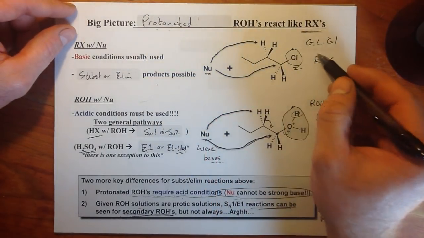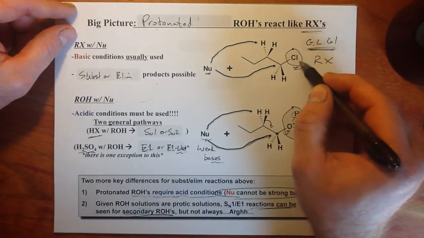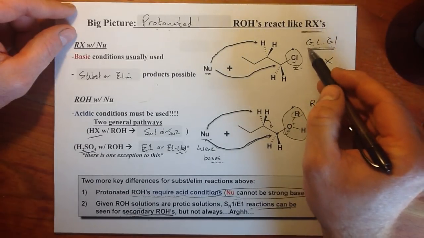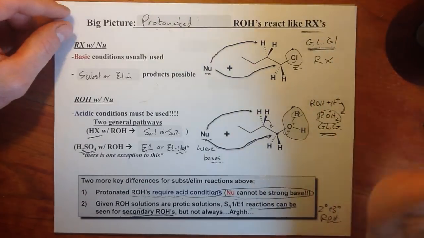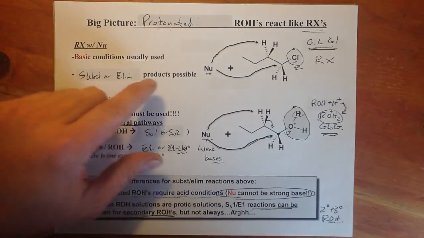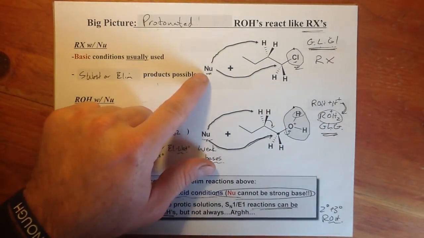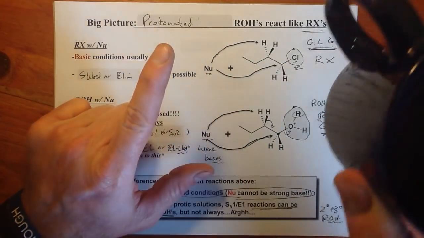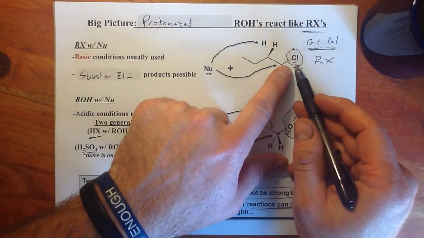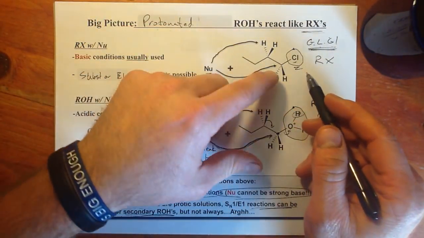So just reviewing a bit here what you've seen with strong nucleophiles reacting with alkyl halides. All of that was hinging upon the fact that chlorine had to be a good leaving group. So I've written that in as an acronym here, GLG: it had to be a good leaving group for this alkyl halide to have any of this reactivity with the nucleophile. Well, what we're going to do is have something much like the halogen, just made from an alcohol.